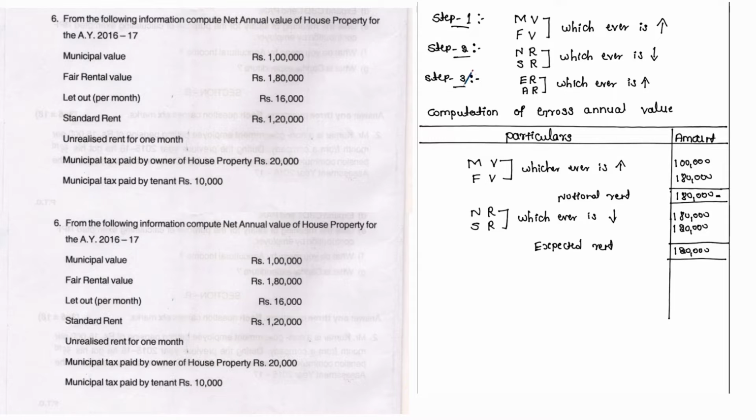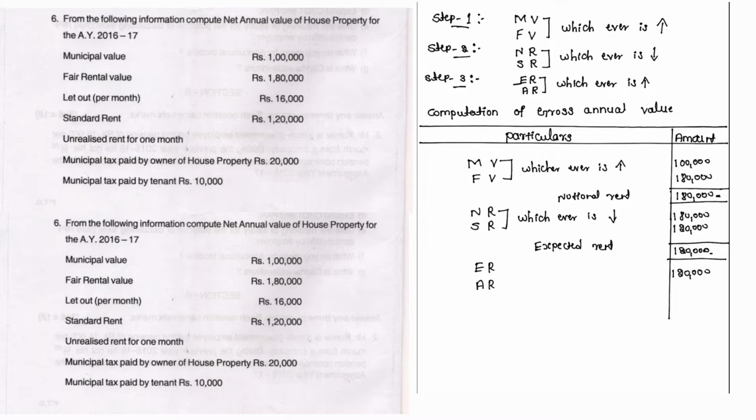So third step, expected rent or actual rent. So ER, expected rent, 1,20,000 we identified. Actual rent, AR.